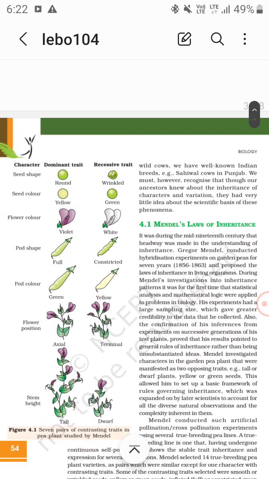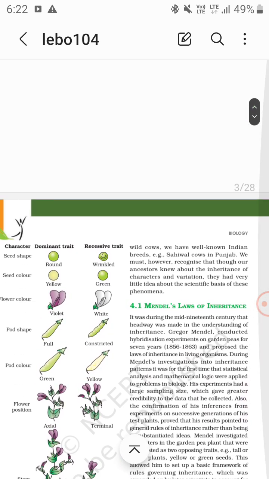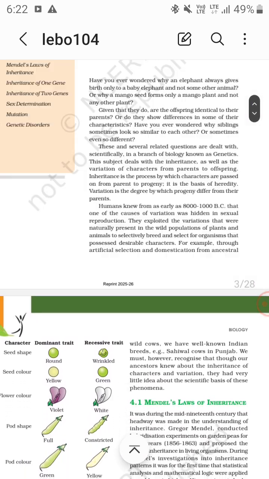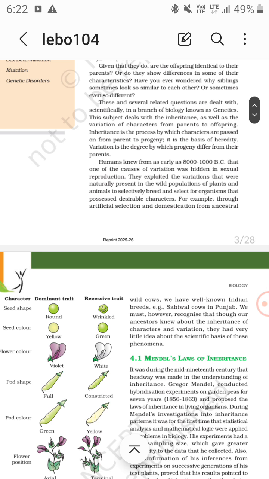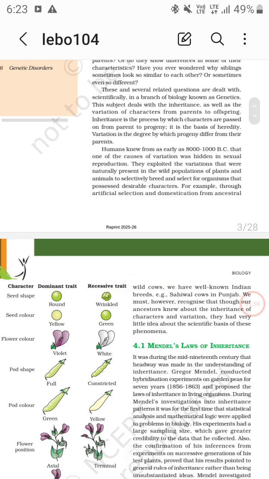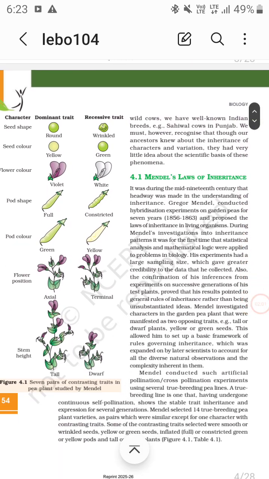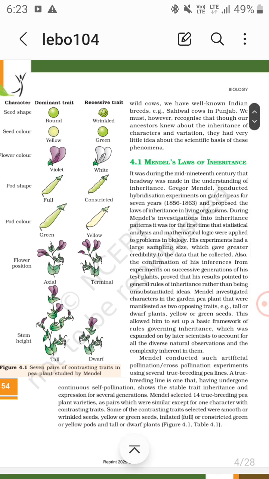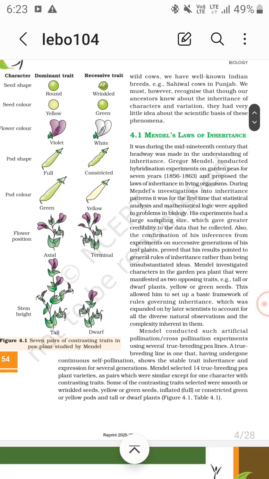Now, like in here, artificial selection and domestication from ancestral wild cows, we have known Indian breeds, that is Sahiwal cow in Punjab. And Gregor Mendel conducted hybridization experiments on garden peas for like 7 years, that is 1856 to 1863, and proposed the laws of inheritance in living organisms.